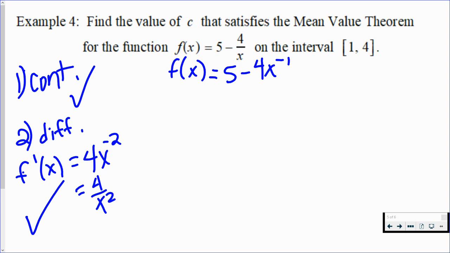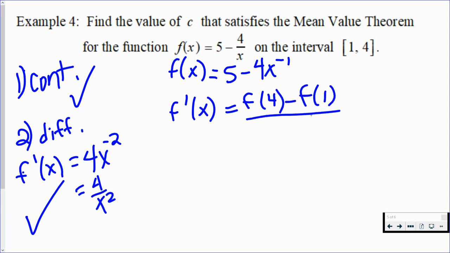Now, let's take a look at what mean value theorem said. Somewhere, the derivative is going to be equal to f of b, which is 4, minus f of a, which is 1, over b minus a, so 4 minus 1. So we already found the derivative. We said that's 4 over x squared is going to be equal to, okay, let's plug in 4.